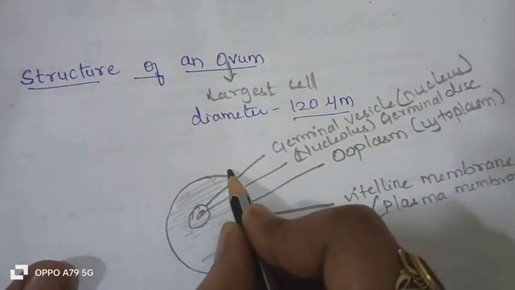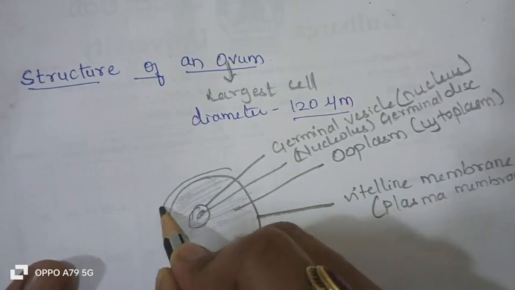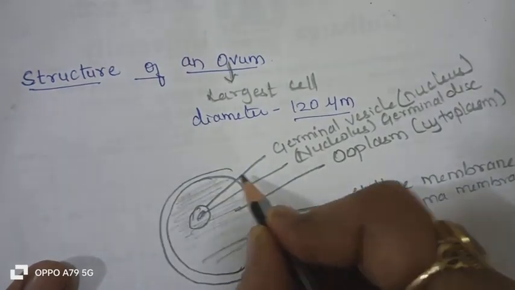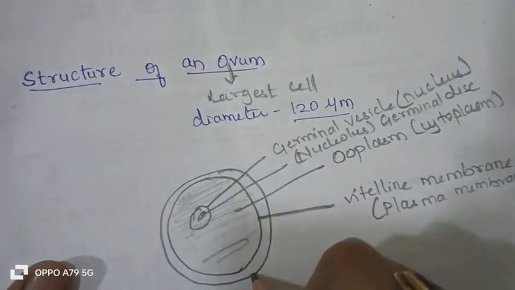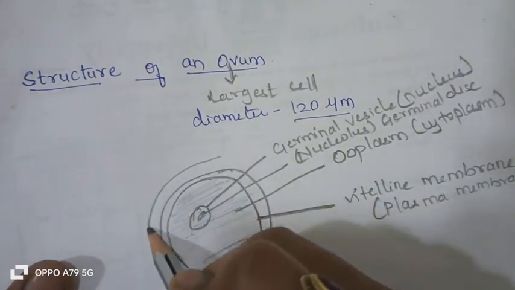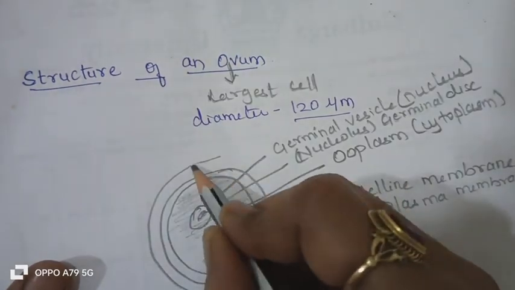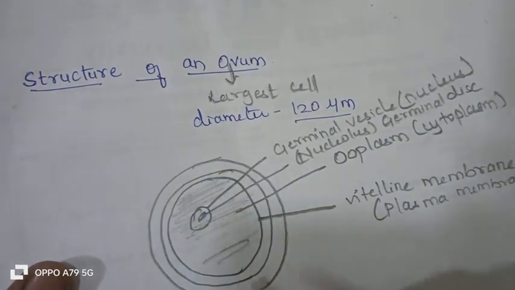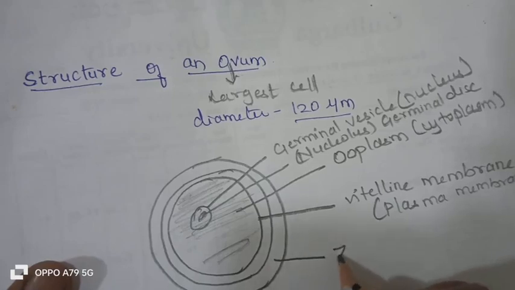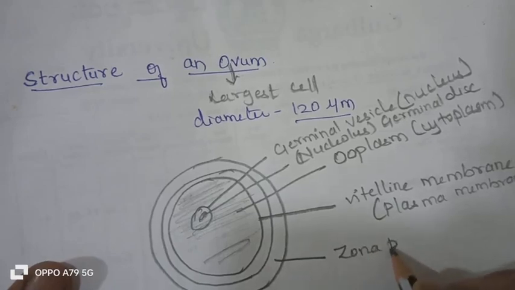Now, this plasma membrane is covered by one thick layer or membrane called the zona pellucida.